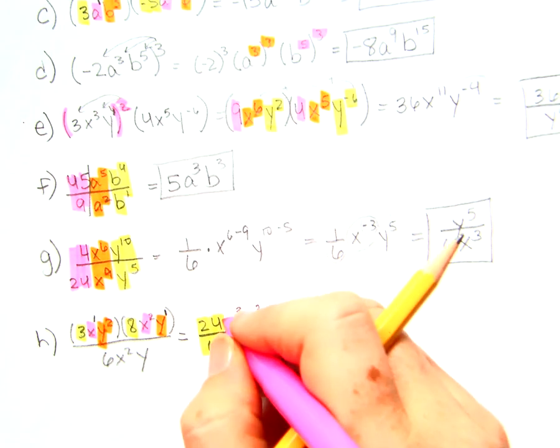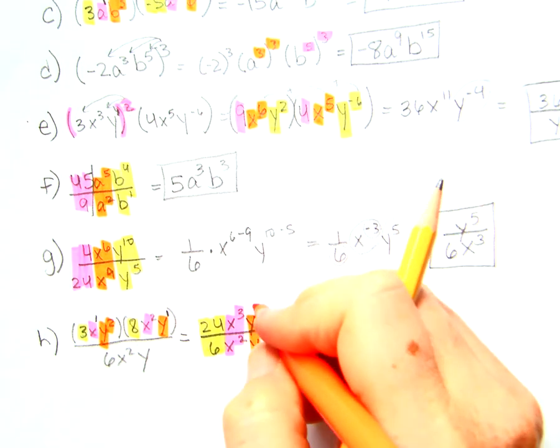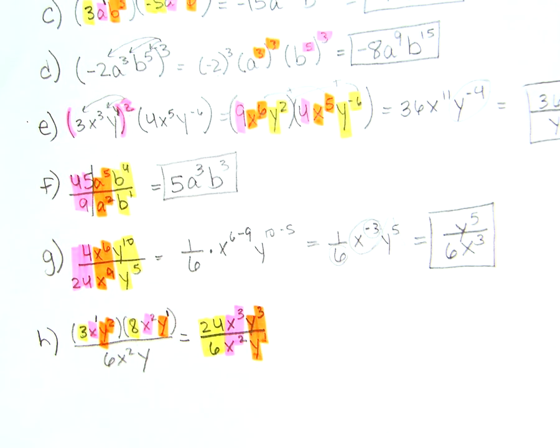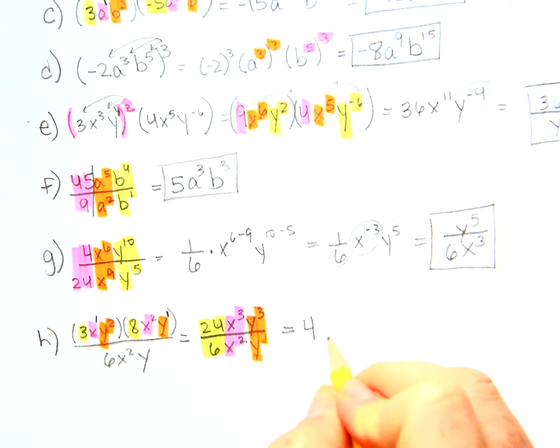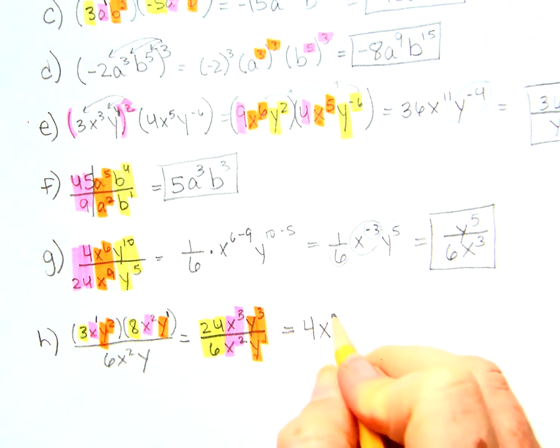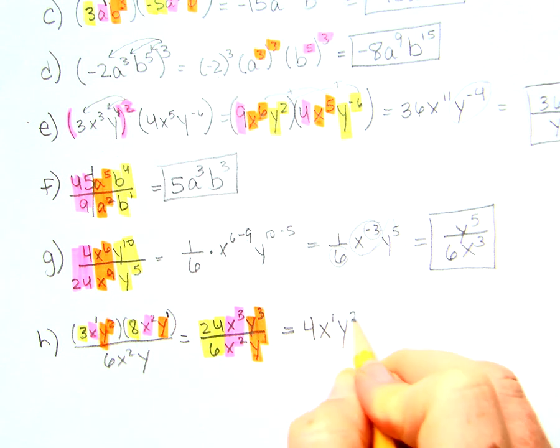I divide x's by subtracting the exponents. And then I divide y's by subtracting the exponents. 24 divided by 6 is 4. X to the 3 minus 2, which is 1. Y to the 3 minus 1, which is 2.